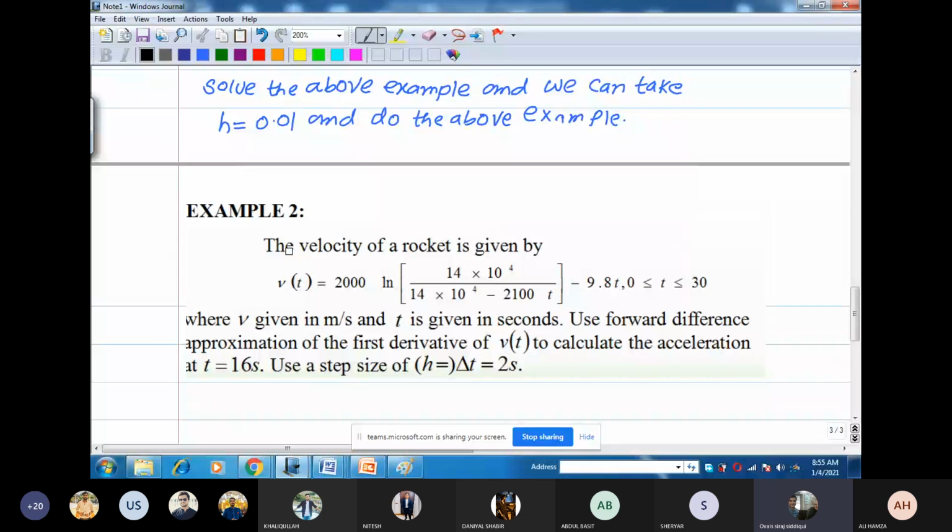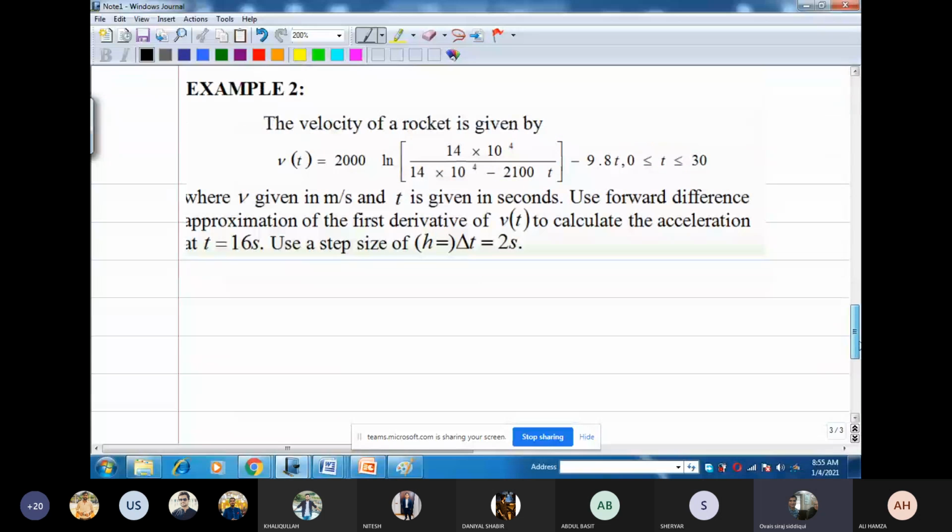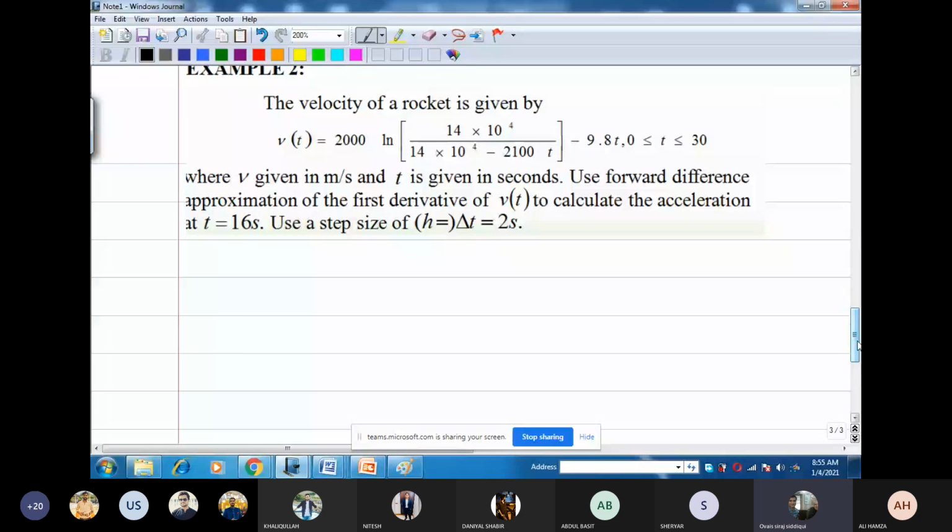Now, how can we solve this? The velocity of a rocket is given by this. Velocity है rocket की, ये given है हमें. v of t is 2000 ln of 14 times 10 power 4 over 14 times 10 power 4 minus 2100 t, minus 9.8 t. This is actually the function, और t movement है 0 से 30.